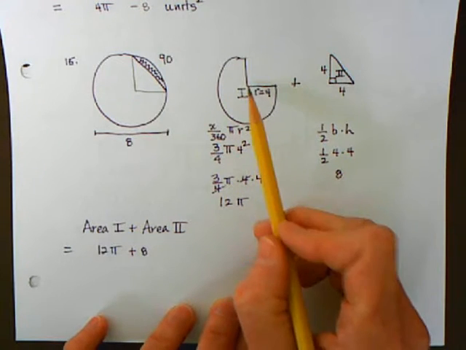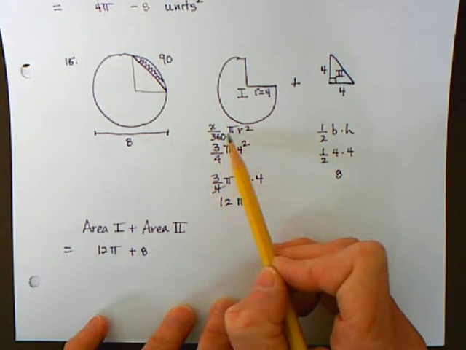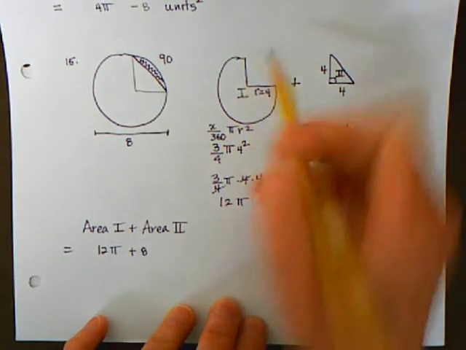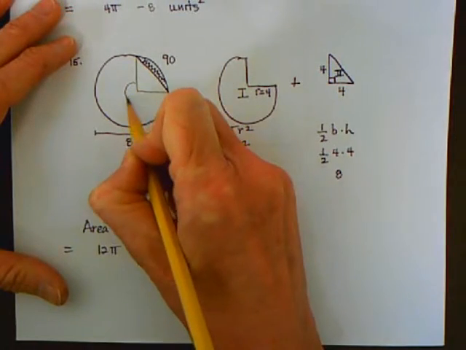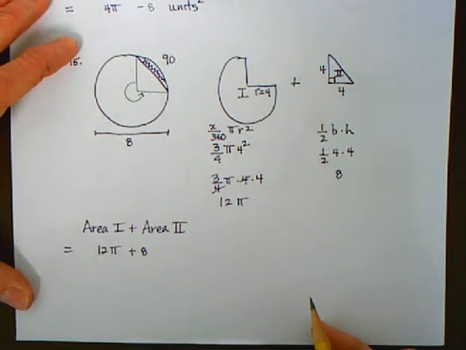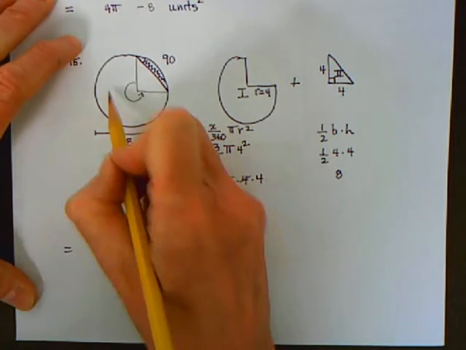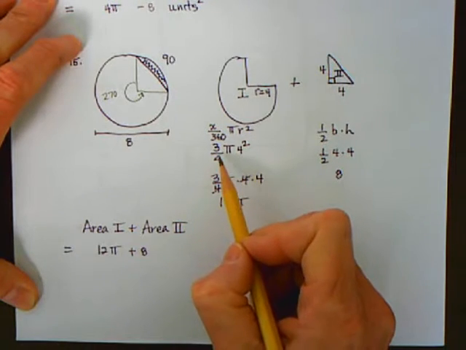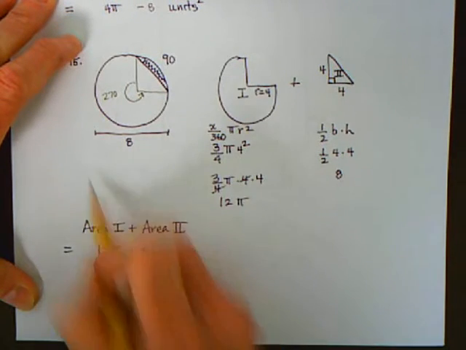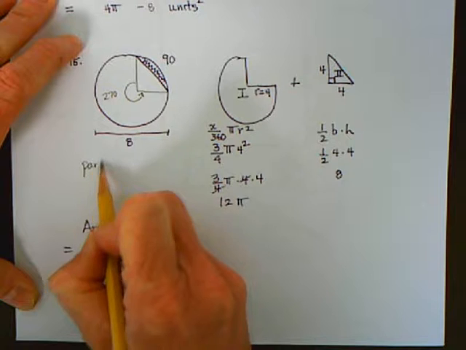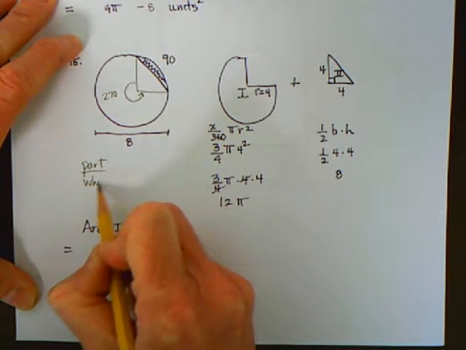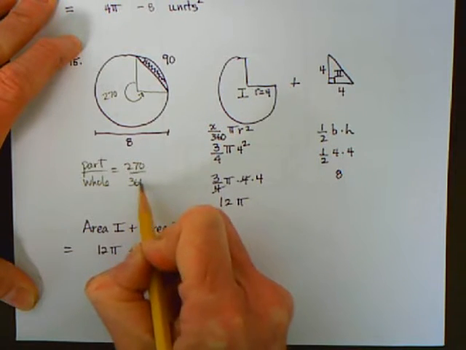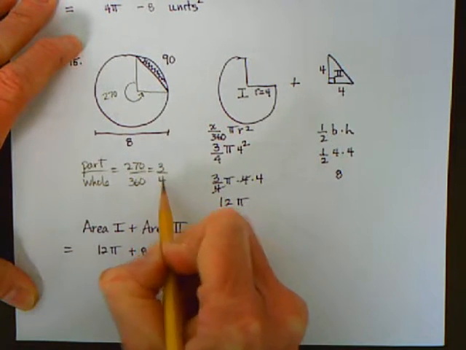Over here, x over 360 times pi times r squared, that's the area of the sector. And this central angle right here, that's this guy all the way around there. That is 270. So 270 divided by 360, the part to the whole, is 3/4.